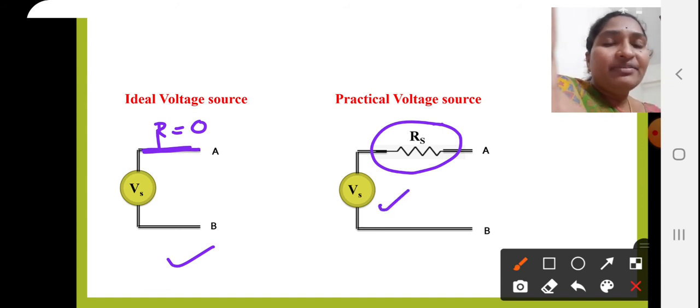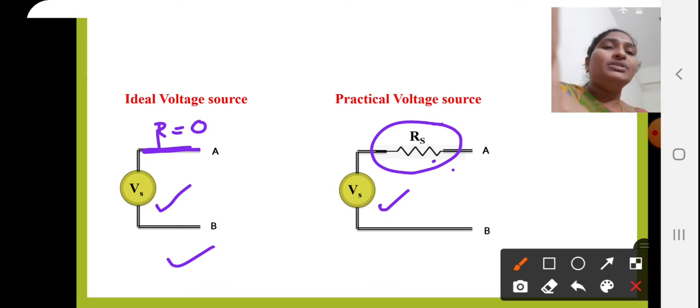That is the major difference between the ideal and practical voltage source.